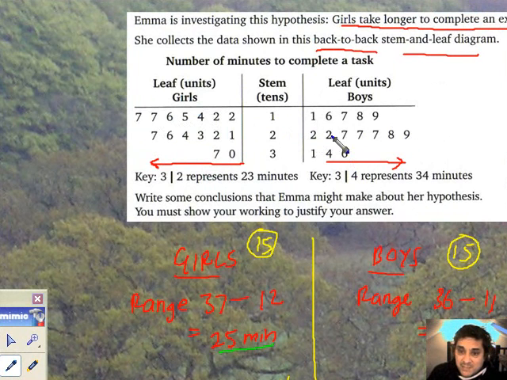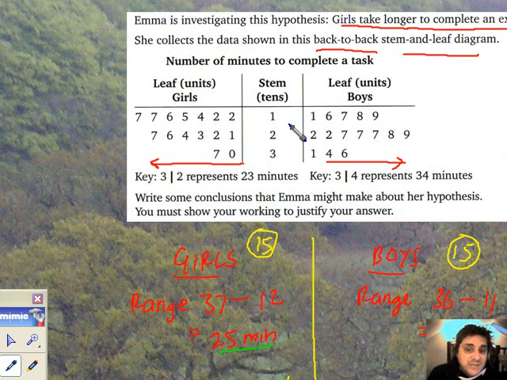Look, that's a bigger string of 20s compared to the girls, and the girls have got a bigger string of 10s than the boys. Also, we've got one extra boy in the 30-minute bracket, and only 2 of the girls are in the 30-minute bracket. So even the distribution of numbers alone would imply that girls took less time than boys to complete the test. And that completes the question.